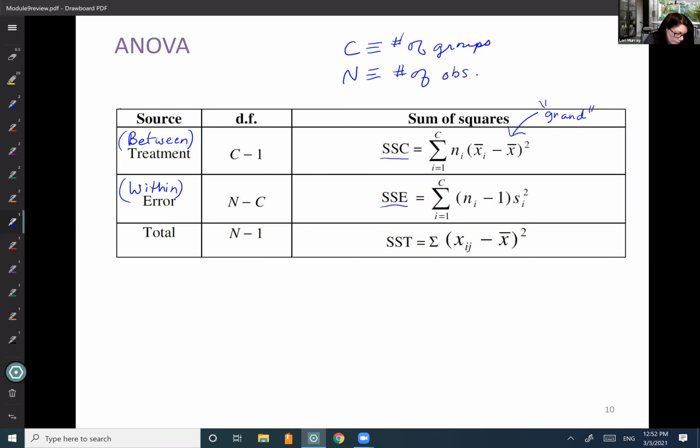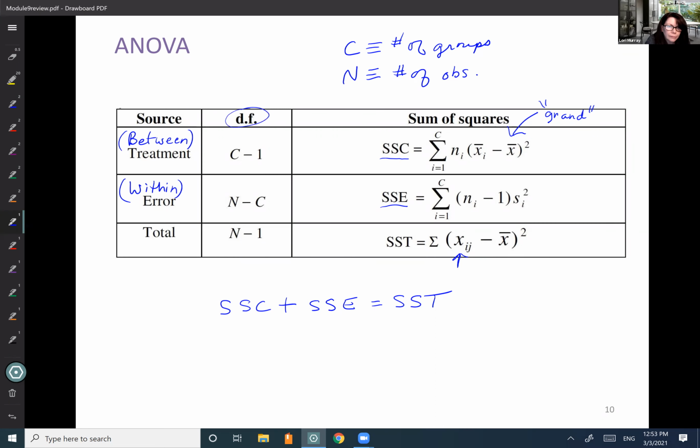Okay, and both of those added up, SSC plus SSE, so the sum of squares for the groups plus the sum of squares for the error equals the total. The sum of squares T for total is the sum of each observation, subtract the global or grand mean, squared.